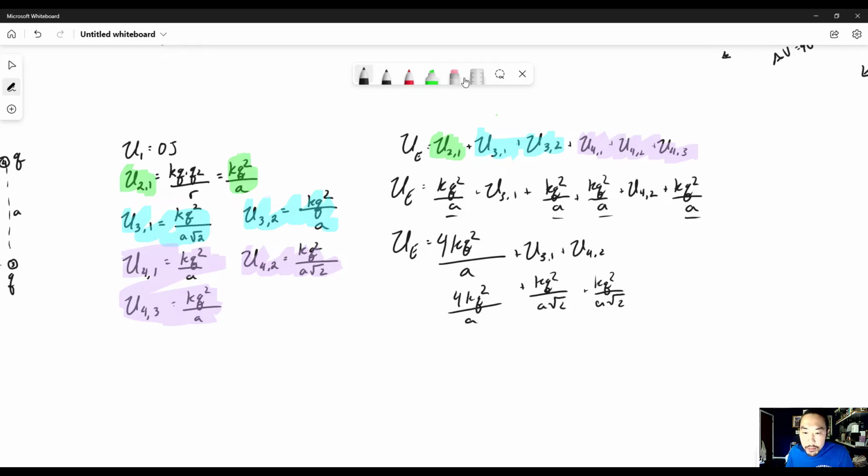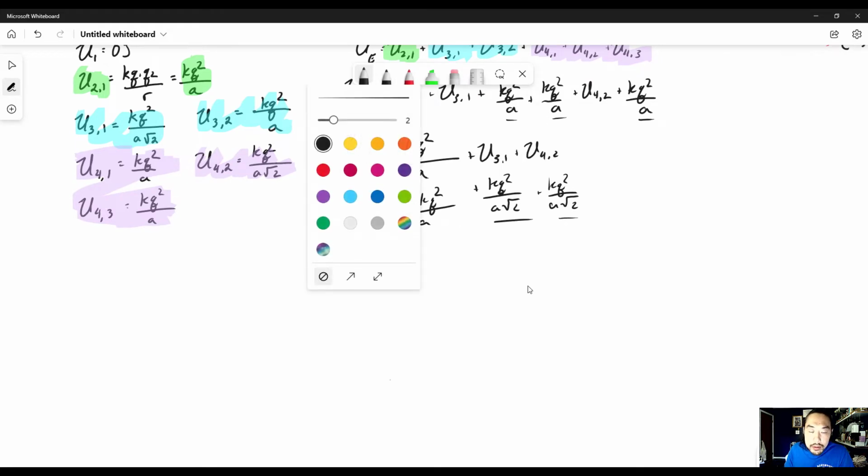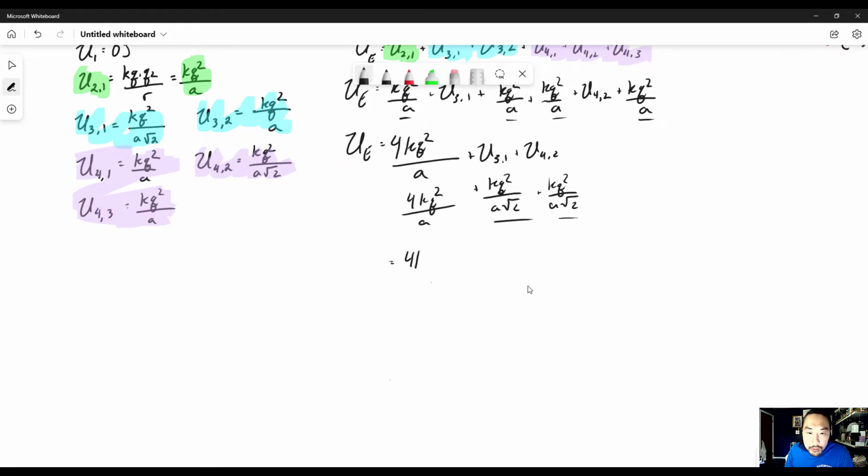Can't forget about this one. And when we add up these two like terms, what we end up with is 4KQ squared divided by A plus 2KQ squared over A root 2.